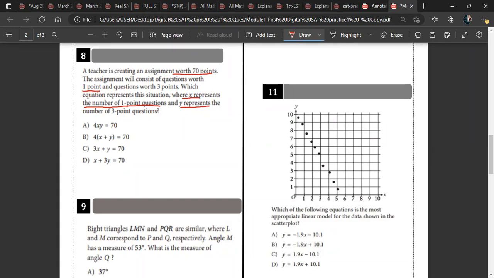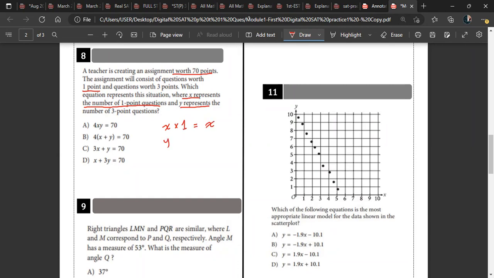Okay. Here you have two kinds of questions: 1 point questions and 3 point questions. The 1 point question is represented by x. X represents the number of 1 point questions. So if you have x questions, the number of questions multiplied by 1 equals 1x.